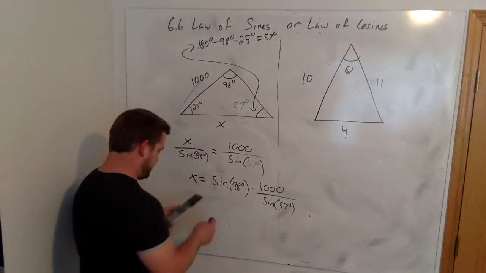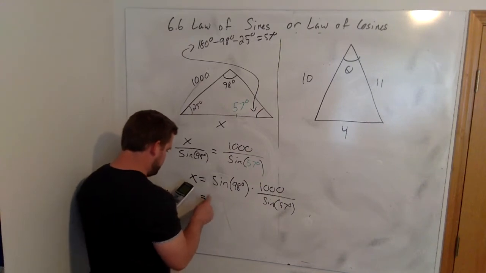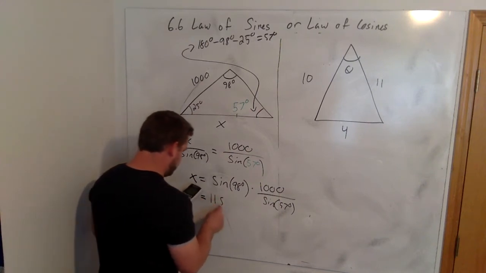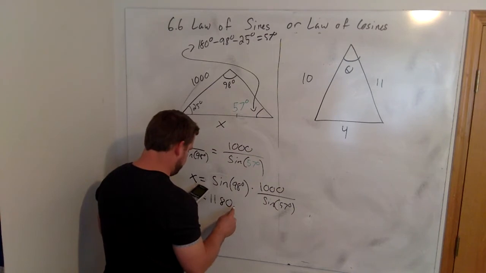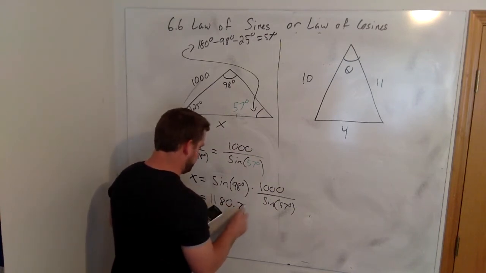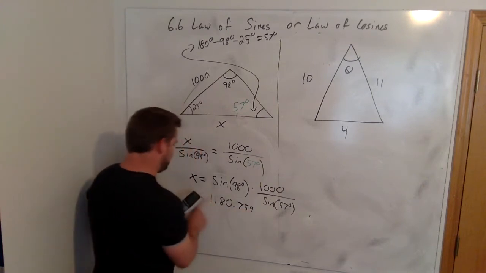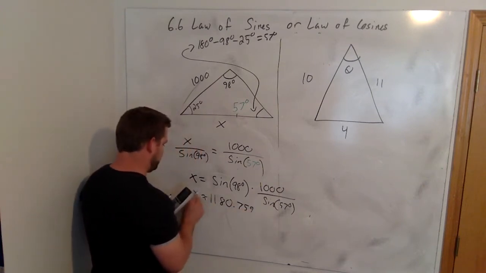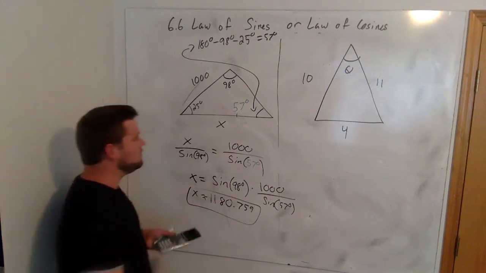So I'm getting that x is 1,180.75, if I'm rounding to 3 decimal places. So this is x. Cool.